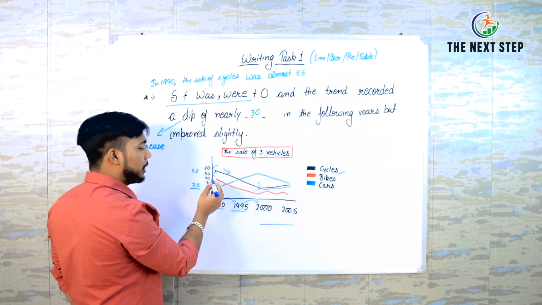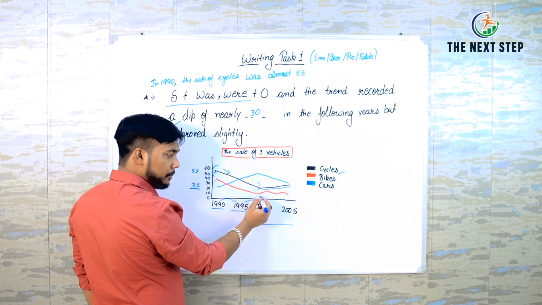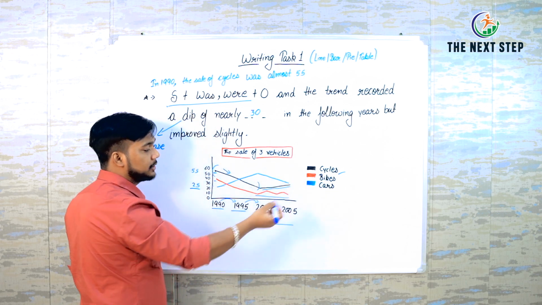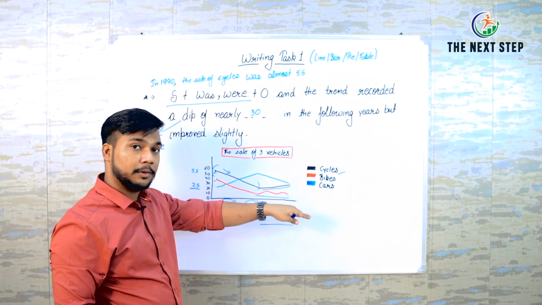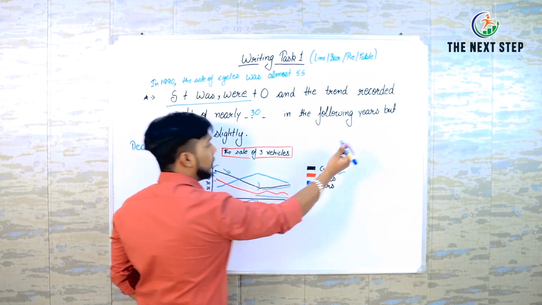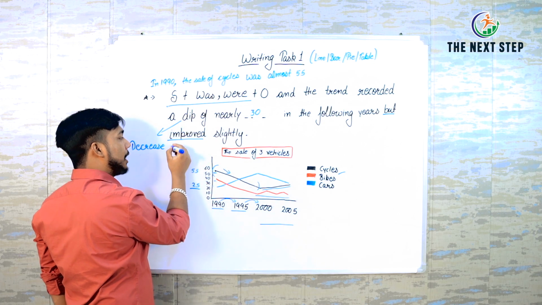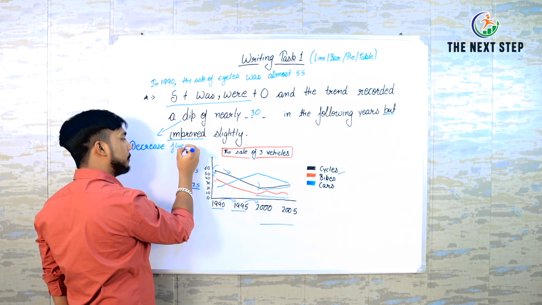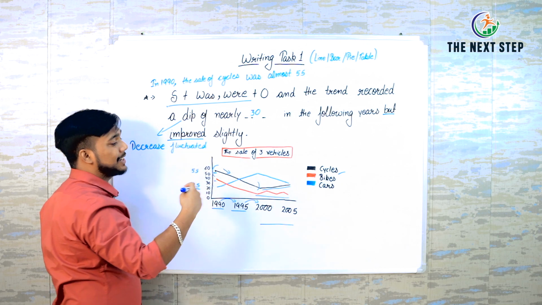So in any of the cases, you can add whatever you feel here. For example, here we have again the decrease, but after this the information is about the fluctuations. So here I can say but fluctuated slightly.